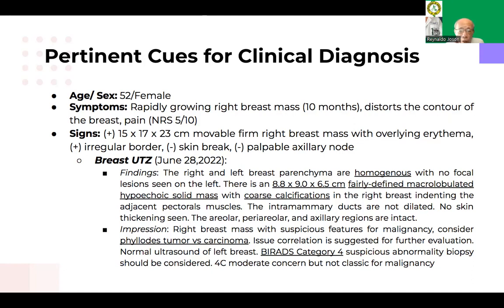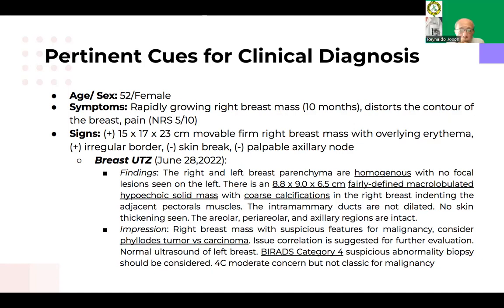Kaya sinabi ng radiologist, consider phylloides versus carcinoma. Why do you think he put phylloides as number 1? Why not carcinoma first? Carcinoma versus phylloides. Bakit? Because of the fairly defined macrolobulated, sir.